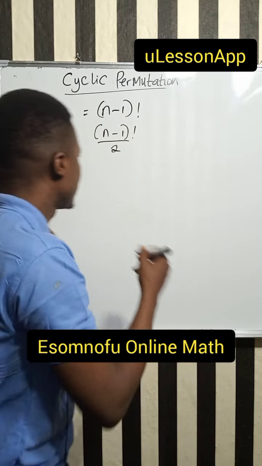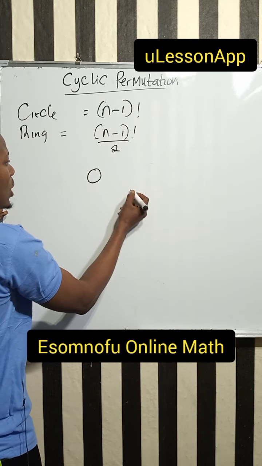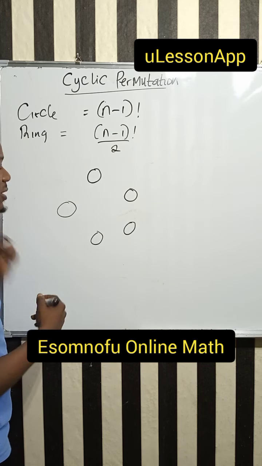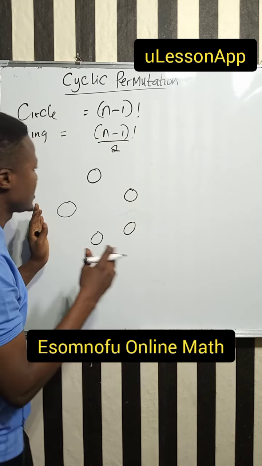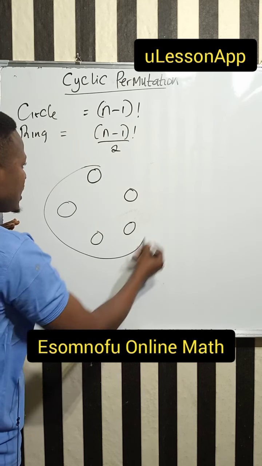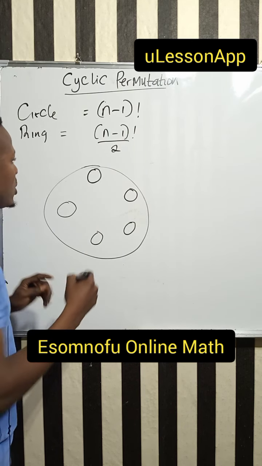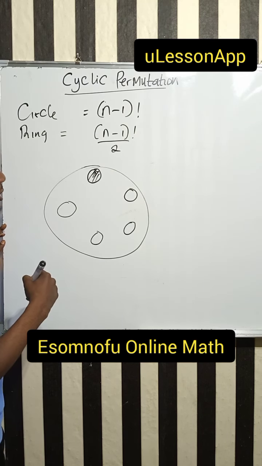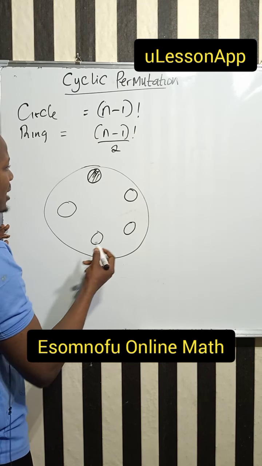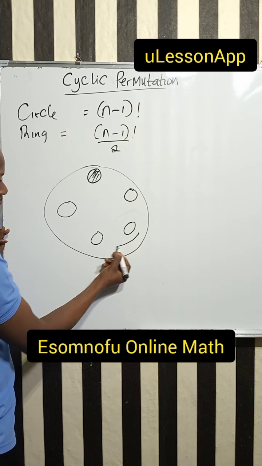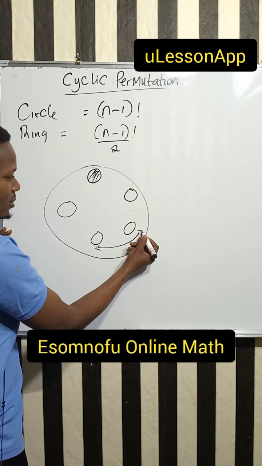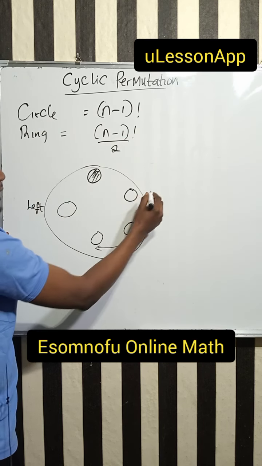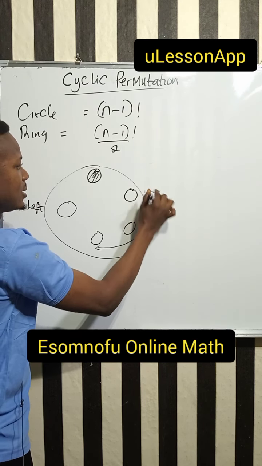Supposing you have 5 persons to be seated in a circular manner, 1, 2, 3, 4, and 5. These are the 5 persons that will sit in a circle because this is cyclic arrangement. Supposing the first person wants to sit in this particular position, you will see that he has 2 persons in front of him, one at the left and one at the right.